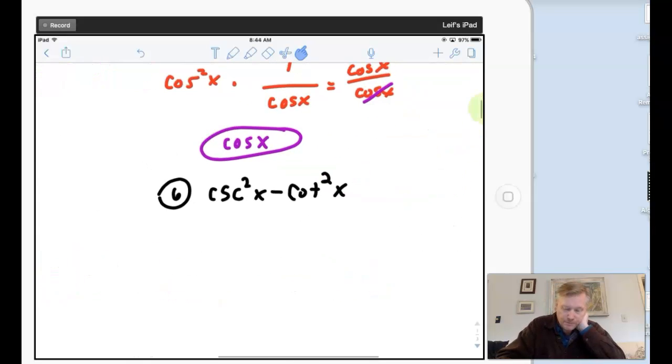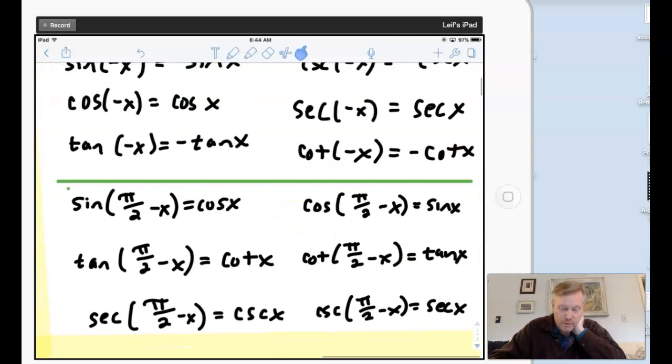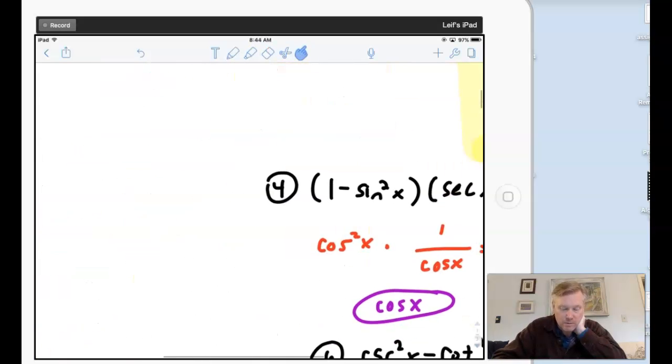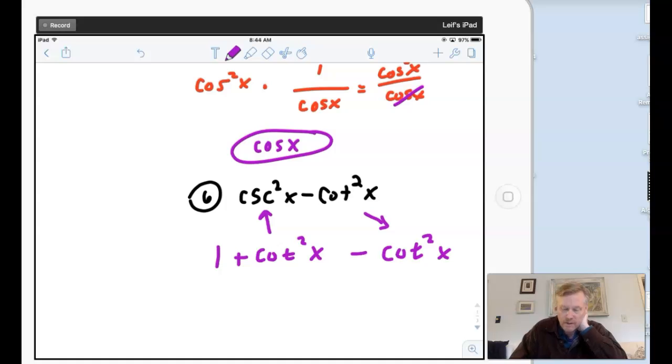Number 6. Now, once again, I'm going to use a formula. Cosecant squared, that's one I'm looking for. Do I see a cosecant squared? Ooh, I do. I see that cosecant squared is 1 plus cotangent squared, which is great because I've got a cotangent squared in that equation. So 1 plus cotangent squared, that's what that equals, okay? And then I've also got this minus cotangent squared of x.